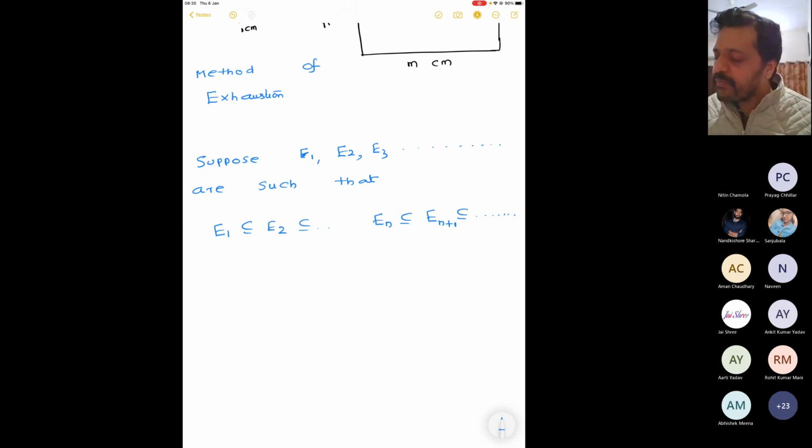Can you tell what will be the limit of this set? E1 is contained in E2 is contained in etc. Where will it go to finally? Union of all these sets. Those who are finding it difficult, try to compare it with an increasing sequence of real numbers. Of course, the En are not real numbers, they are sets.